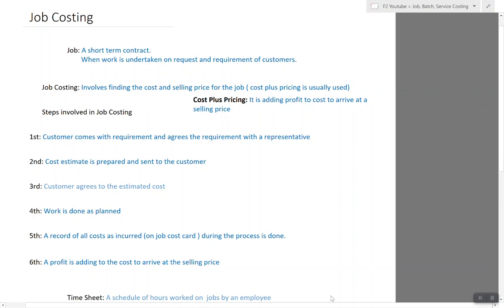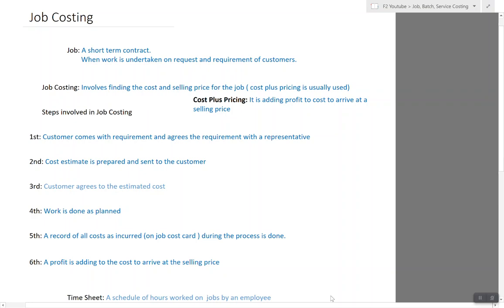Maybe he wants it in 1 week, maybe he wants it in 2 weeks, whatever is the planned work. Obviously, sometimes it might take longer and sometimes it might take less than the period, but organizations that want to satisfy the customers always do it on time. As the work is done, the cost of it is recorded.